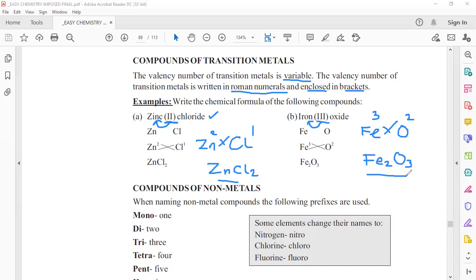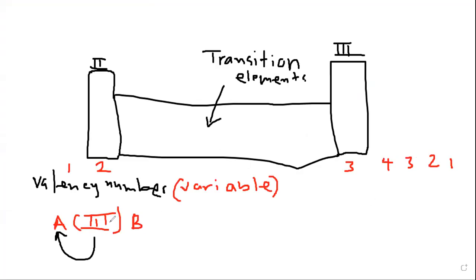So this is called iron(III) oxide. So there are a lot of formulas that involve transition metals. What is important is to identify the valency number, which is always written in Roman numerals and enclosed in brackets.